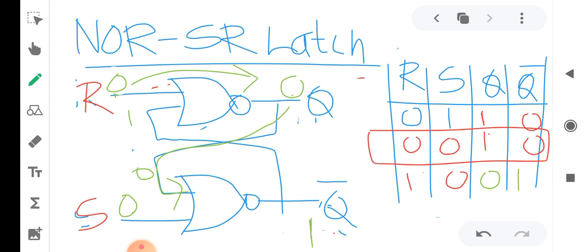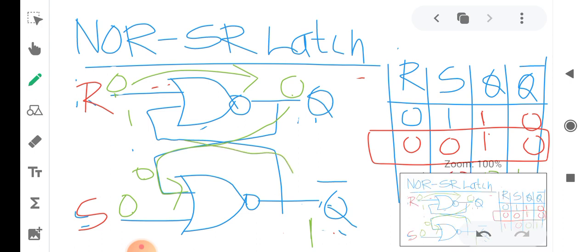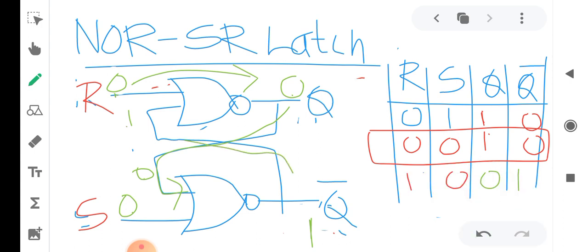I am just changing the input as 0. Then this Q complement 1 is being fed to here, and 1 plus 0 is 1. 1 complement is 0. Fine. I hope you understood. I am not changing the Q complement and Q value.